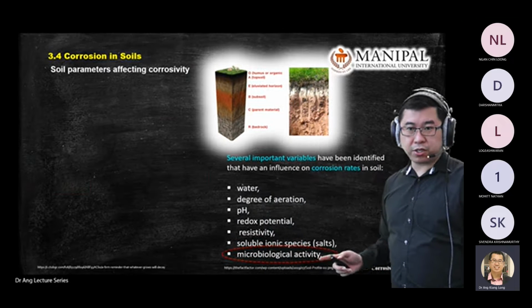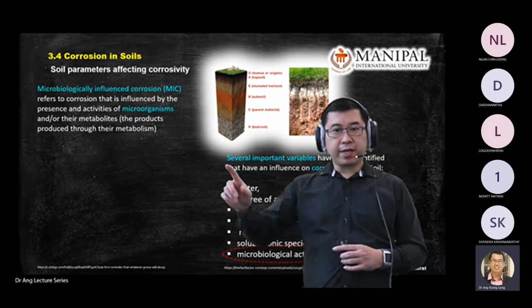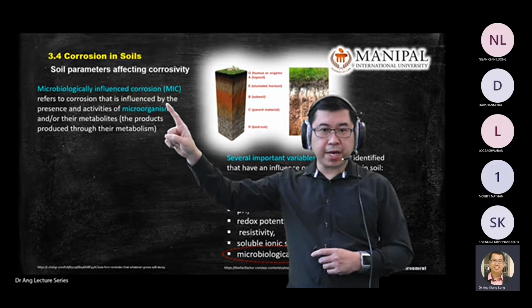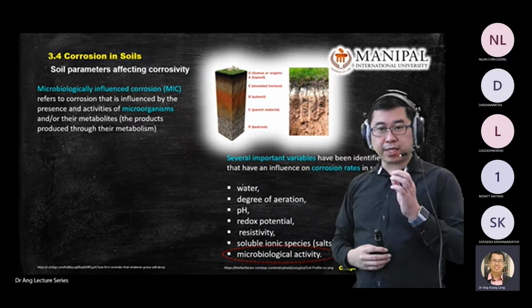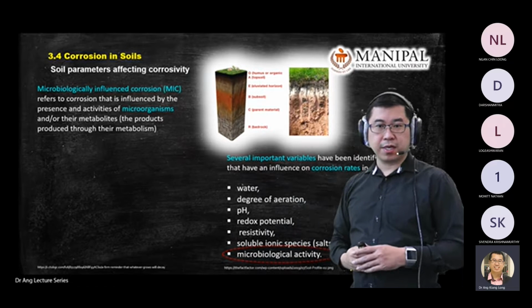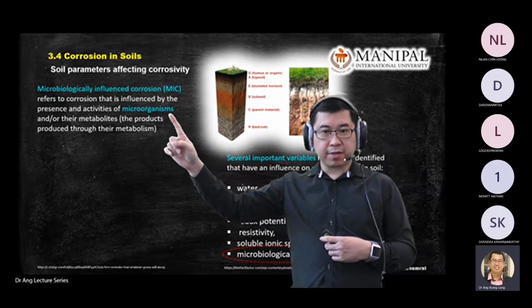Next is the biological activity, which is more on bacteria. One popular word is MIC, which stands for microbiologically influenced corrosion. MIC is one type of corrosion that links with bacteria activity, or we call it microorganism activity.